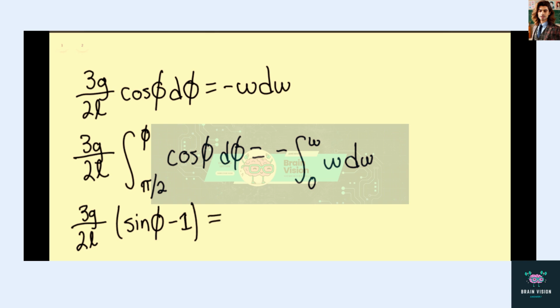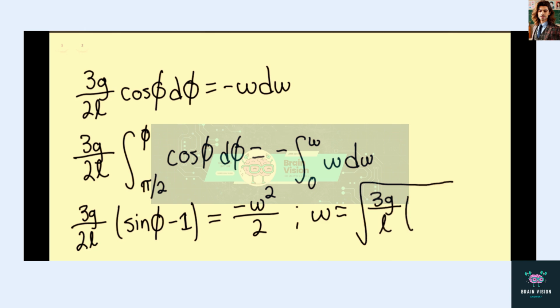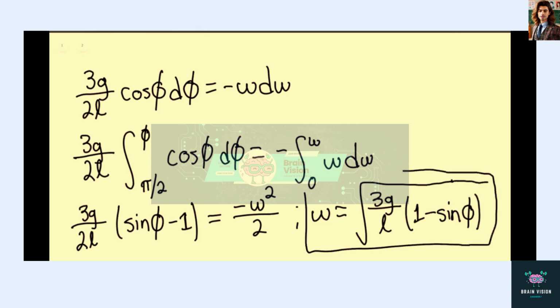This would equal negative omega squared over 2. And so omega is simply going to be equal to the square root of 3g over L times 1 minus sine of phi. This would be our final answer for part A.